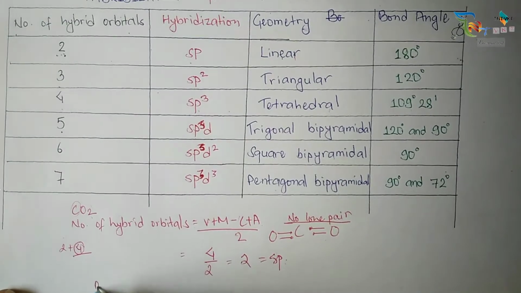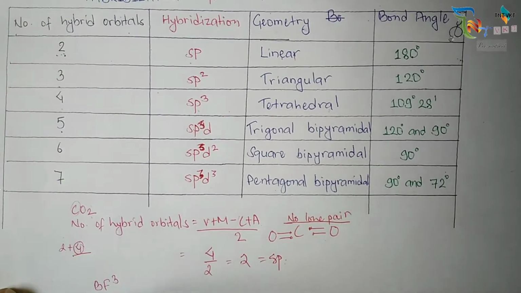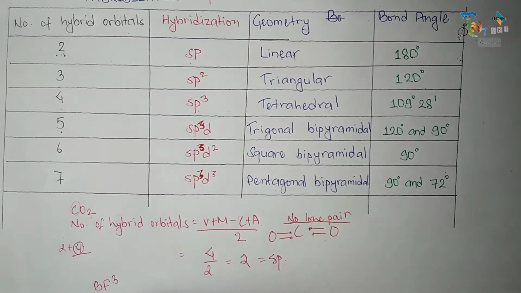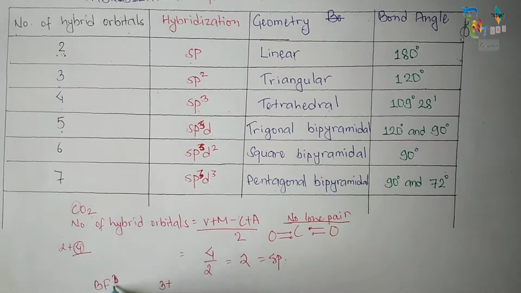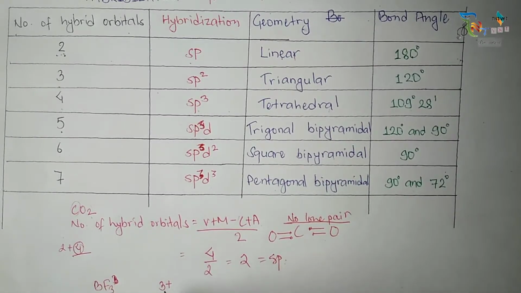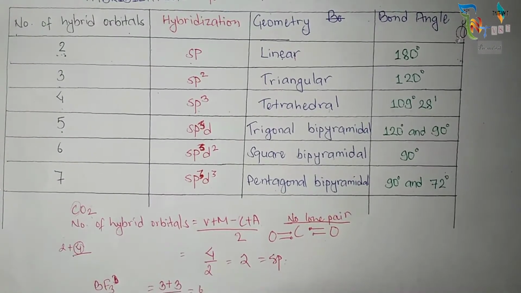Now BF3. B has atomic number 5, 2 plus 3, so it will be 3, plus 3 monovalent atoms, so 6 by 2 equals 3.